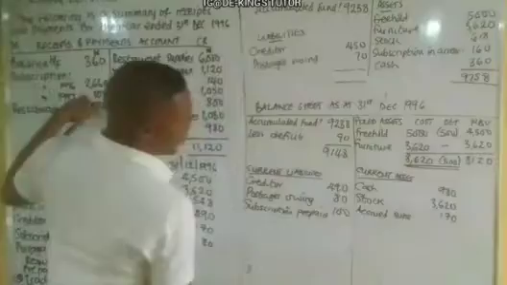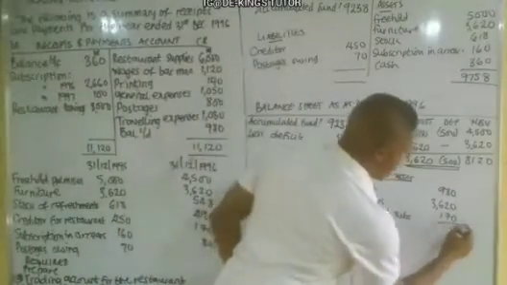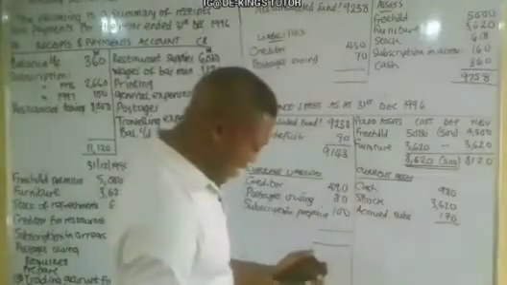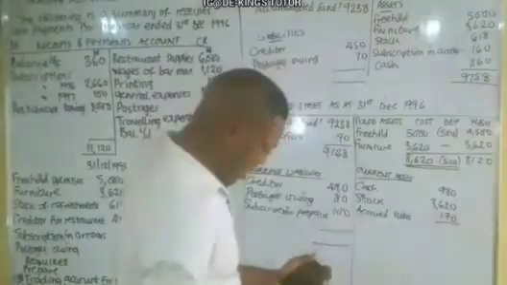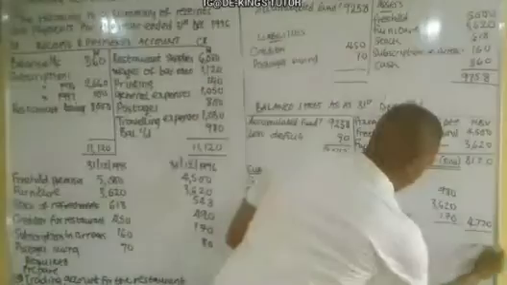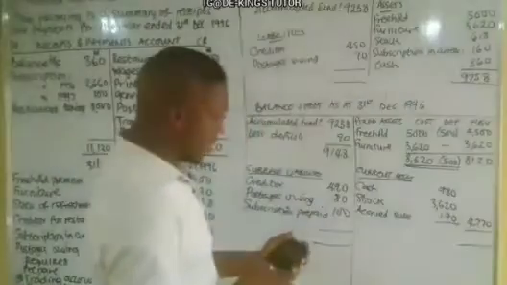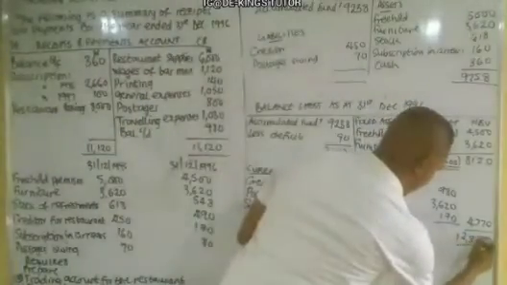Okay? So if we add up, we have 980 plus 3620 plus 170. It's giving us 4,770. 4,770 plus 8120. That's 12,890.